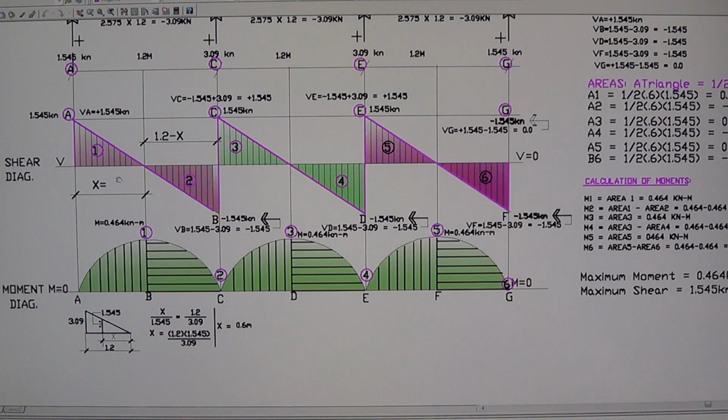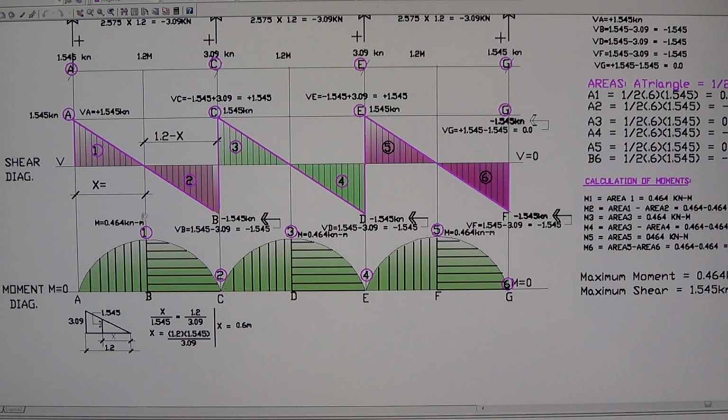for X we have to use similar triangles: the big triangle, and put the small triangle in the middle. The large triangle is the summation of this shear here. You add this to the shear over here, put it together like this, and then draw a line.